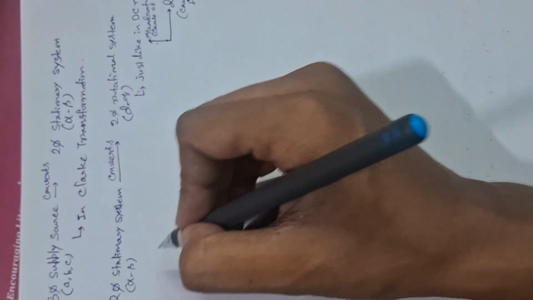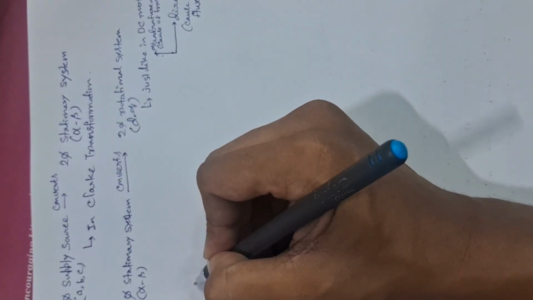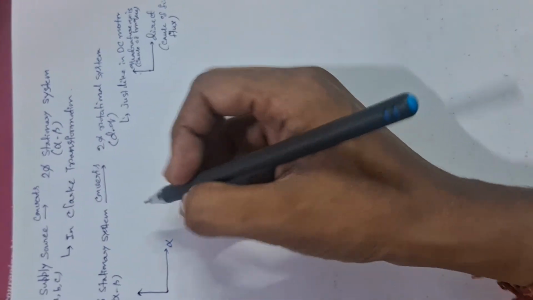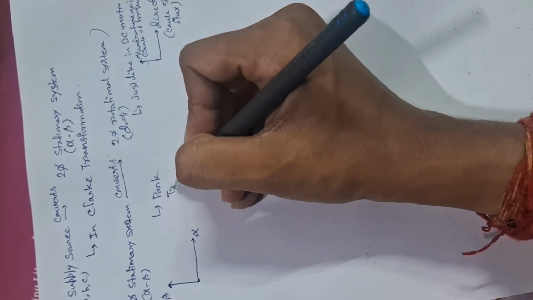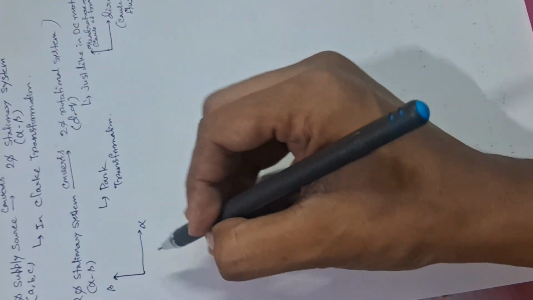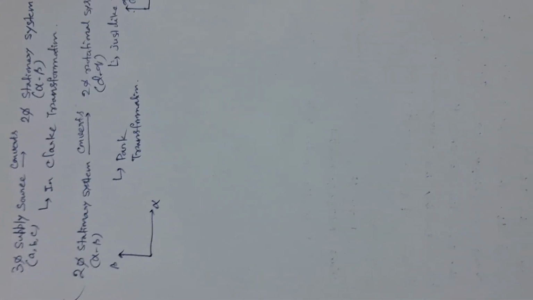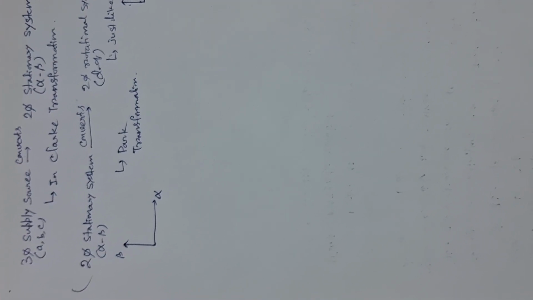So the alpha beta frame is what we get from the Clarke transformation, and the next transformation is the Park transformation. In lucid language, we convert the three-phase system so we can more conveniently understand the mathematical calculation.